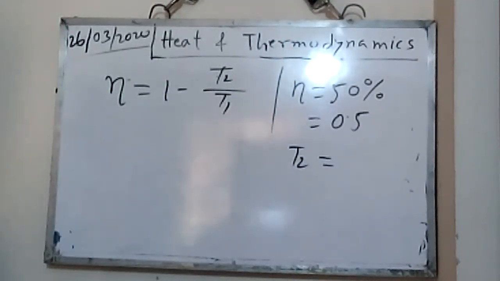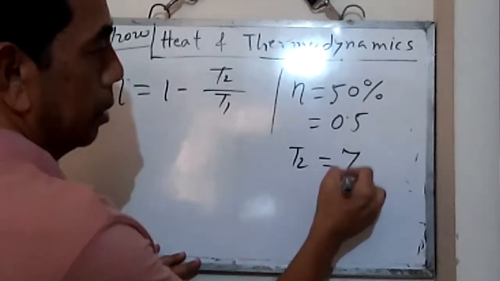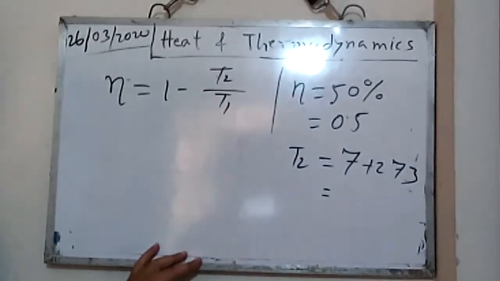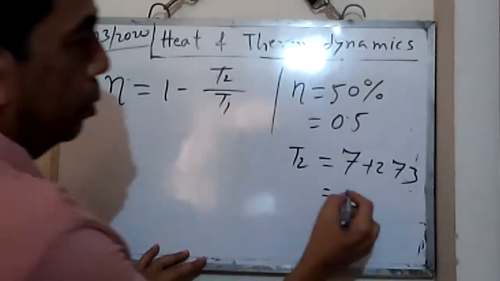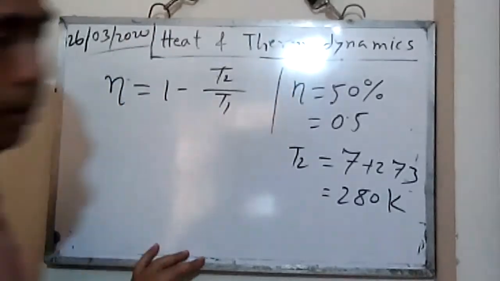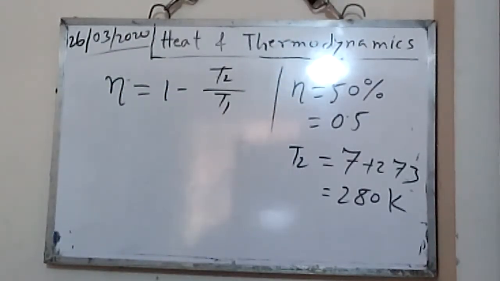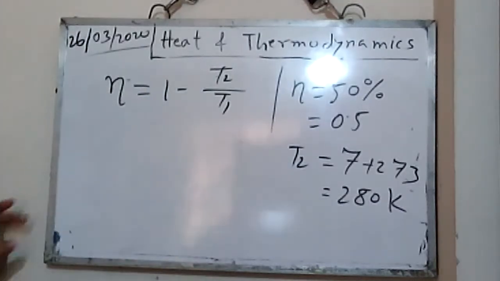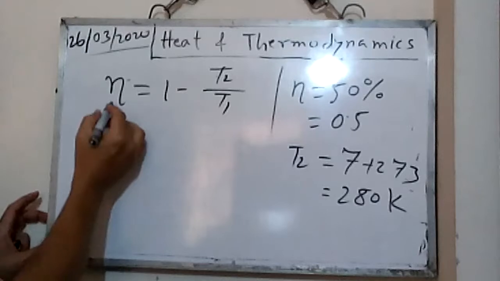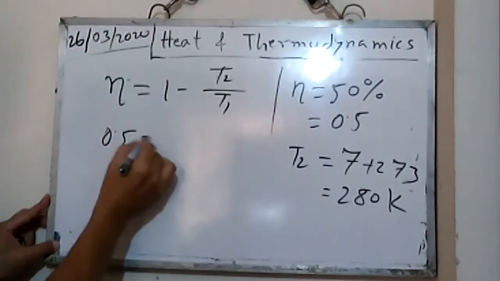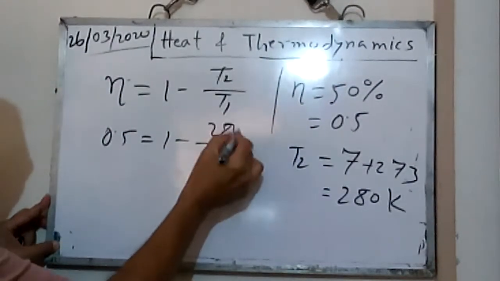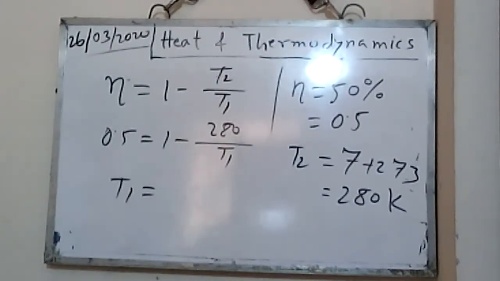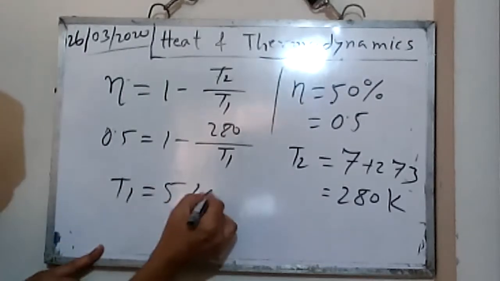T2 is 7 degrees Celsius plus 273, that is 280 Kelvin. We know eta equals 1 minus T2 by T1, and eta equals 0.5, so 1 minus 280 by T1. Then T1 equals 560 Kelvin.